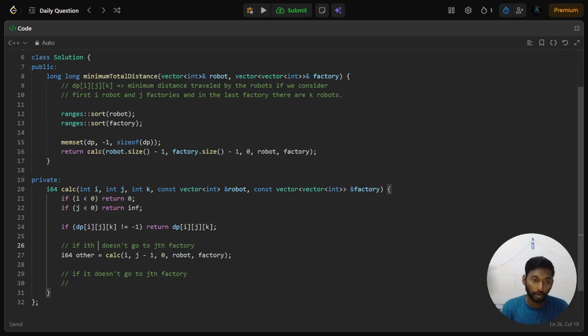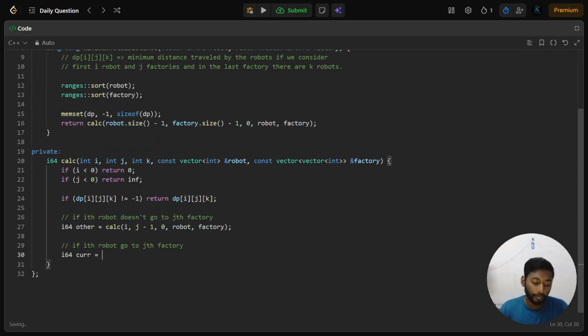And another case: if the ith robot does not go to the jth factory, that was the first case, and here it will be if the ith robot goes to the jth factory, then what will happen? If it goes to the current factory, then we have already passed the ith robot to the jth factory.